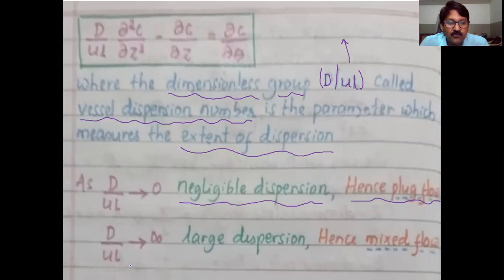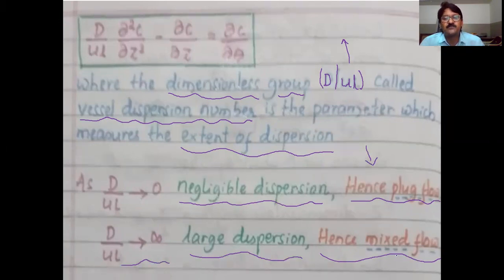If D by uL varies from 0 up to infinity, and it is very large, then it is called large dispersion, hence it is a mixed flow. As D by uL tends to 0, there is no mixing and the condition is plug flow. If there is continuous, very large mixing, then it is called mixed flow.